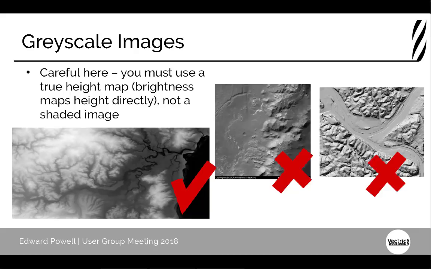As opposed to these images on the right-hand side here, which at first glance look like they might be useful. But if you look again, you'll see that these images are both lit from the top left corner. So what you're really getting is grayscale showing shading, shadow and brightness, and not direct height data.